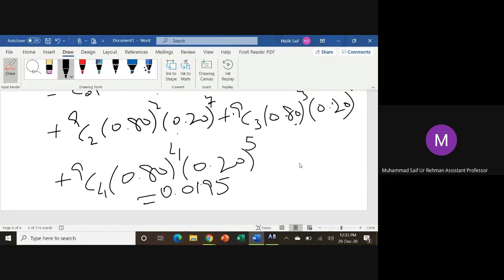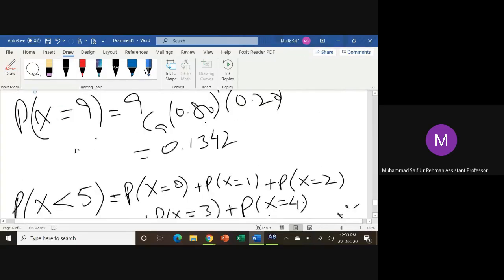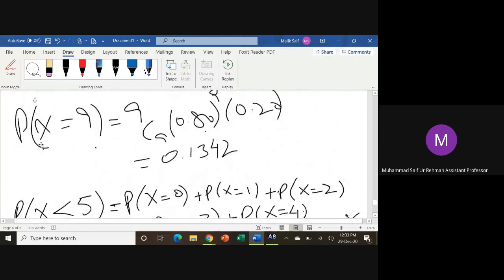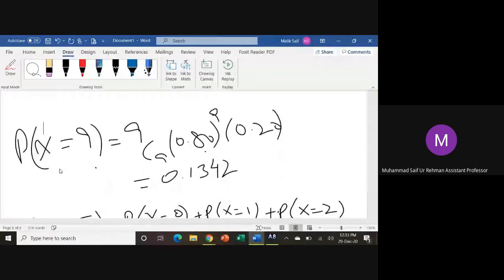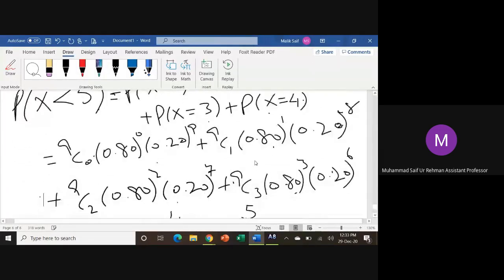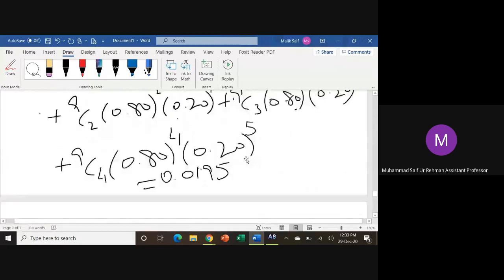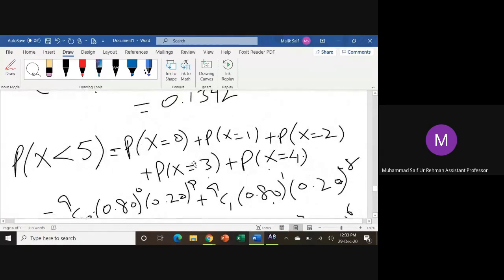Right? So you can find out the answer in this way. Otherwise, this was the one route that you can adopt.